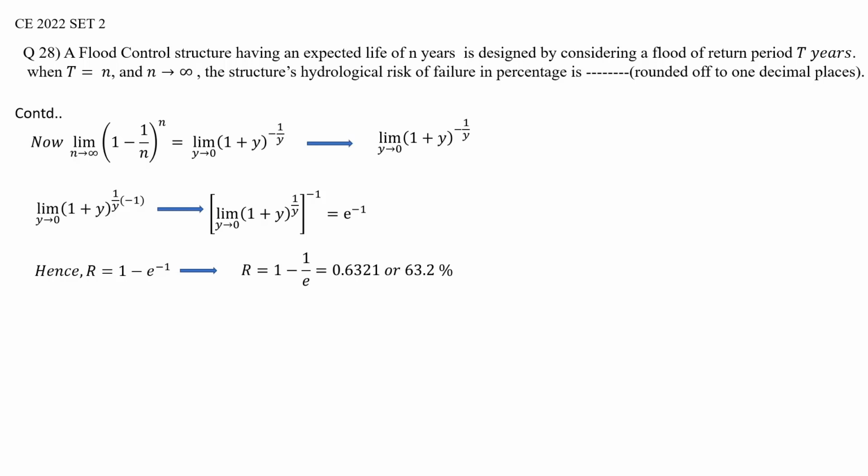It can be written as, maybe it will be confusing, this is fine. Limit, then we'll substitute this in place of n. So limit y tends to 0, 1 plus y whole power minus 1 by y, because we know that y equal to minus 1 by n. If I do n equal to, it will be minus 1 by y. So that's why it is here minus 1 by y.